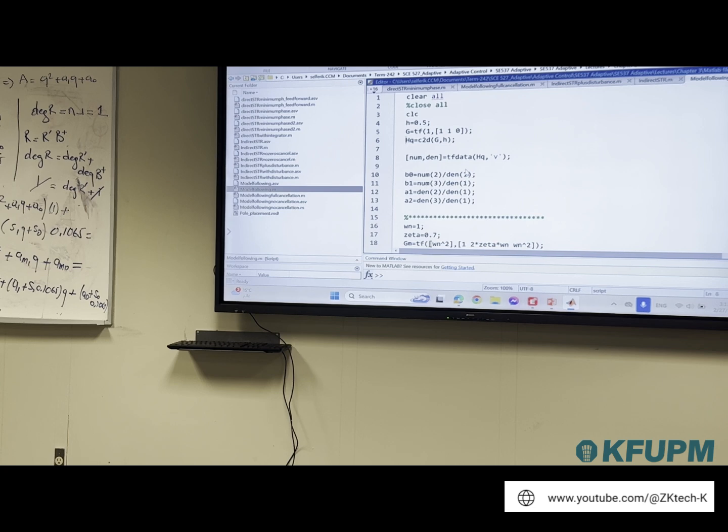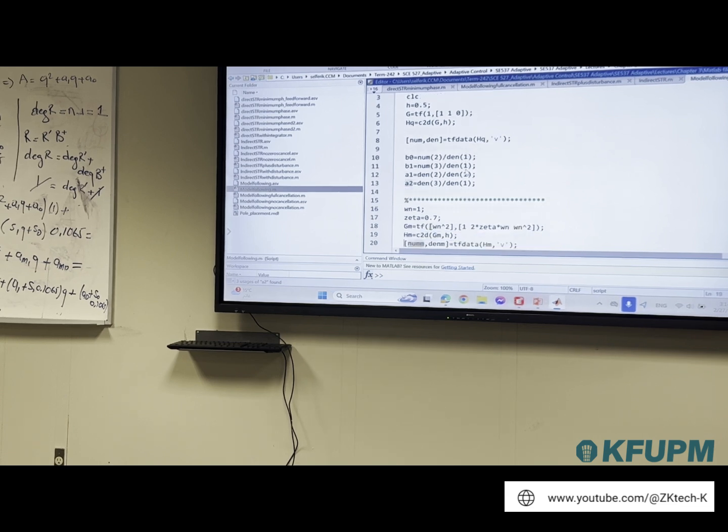I discretized it, then I identified all my parameters: what is B0, what is B1, what is A1, what is A2. So B0 times q plus B1 on the top, and the bottom you have q squared plus A1 q plus A2.